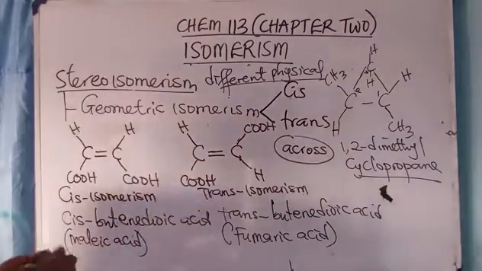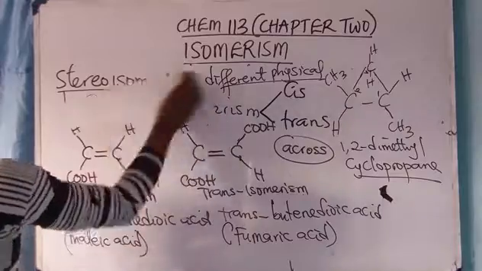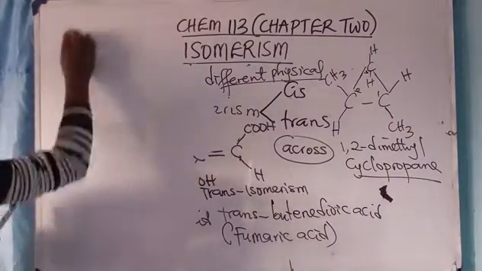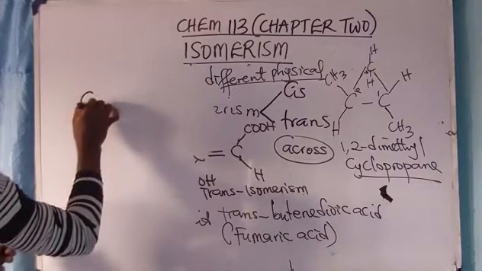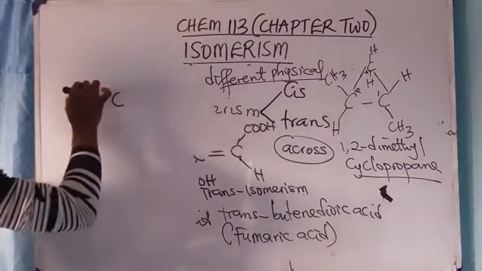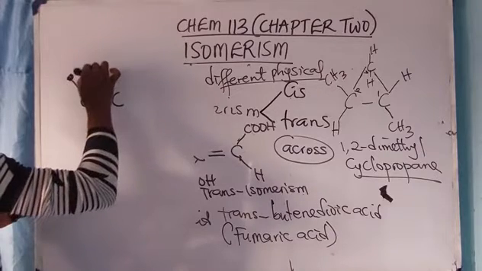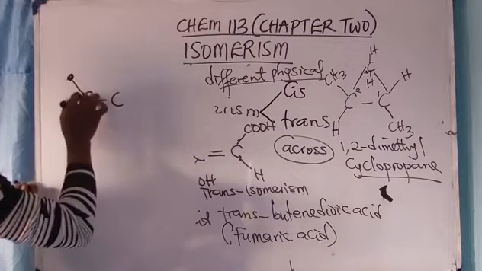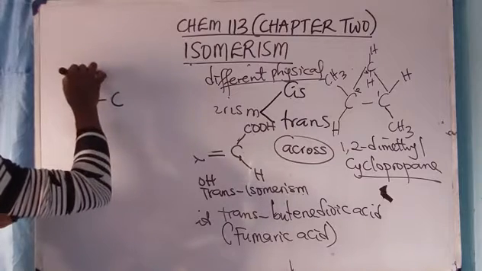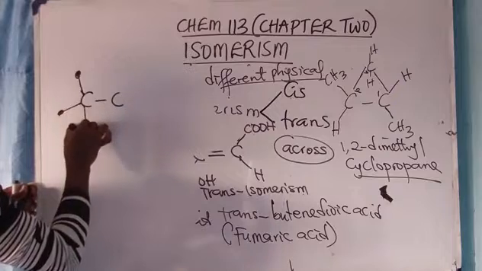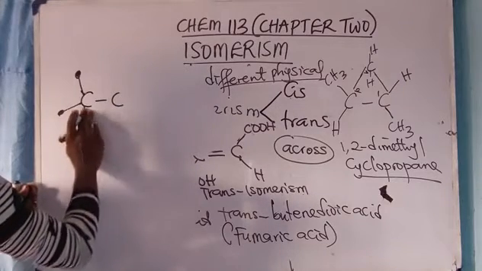Unlike ethane, ethane has the staggered and eclipsed type of rotation. If I have something like this, maybe I have something like this. Let me do it very well. I have something like this. Let me differentiate this.